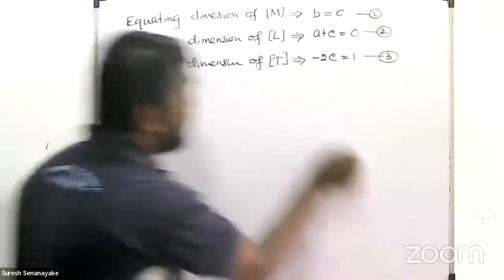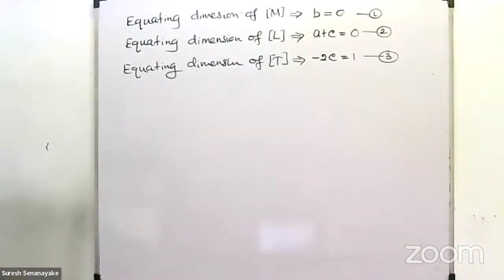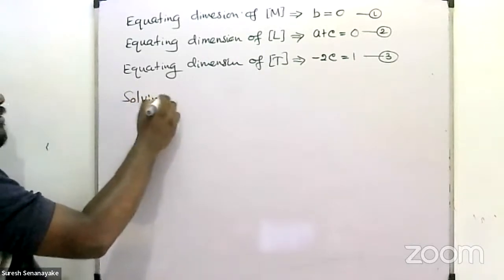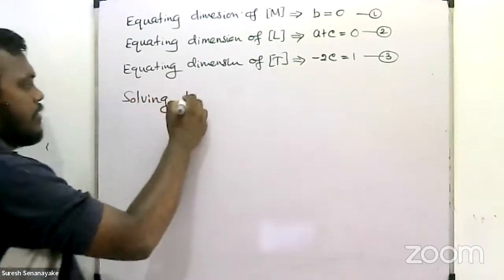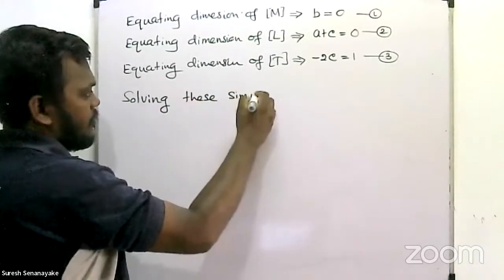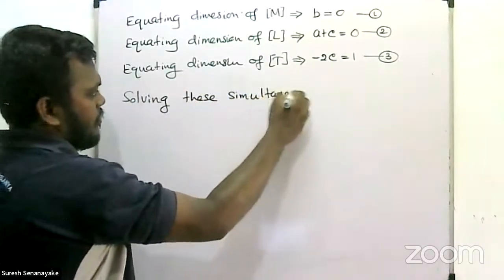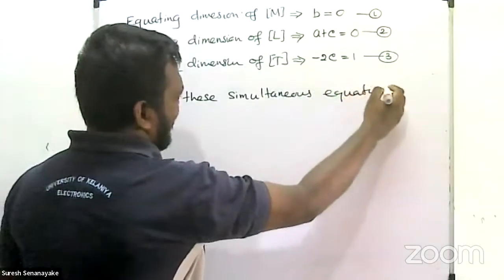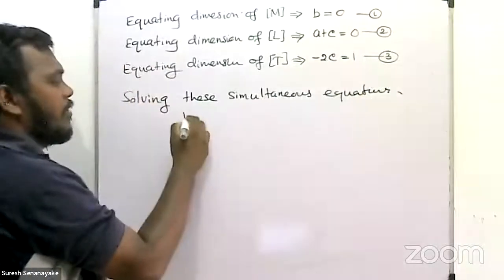Right, solving this simultaneous equation, we can say then b equals 0.